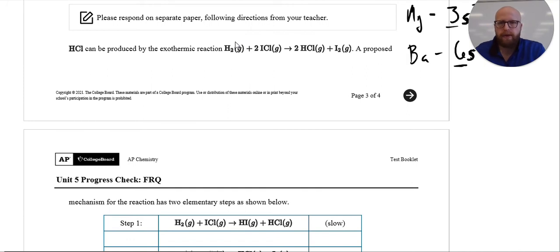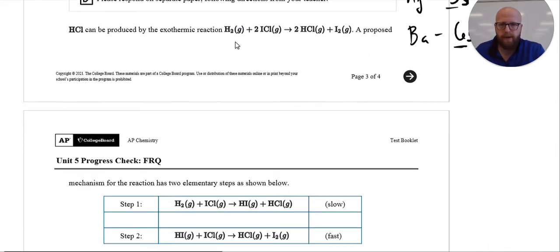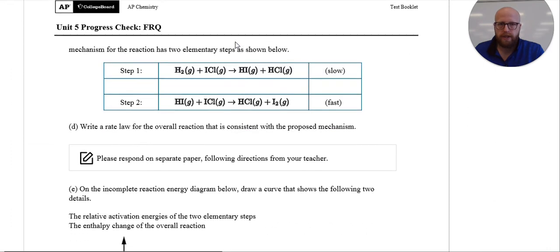Hydrochloric acid can be produced by the exothermic reaction between hydrogen and ICl. A proposed mechanism for the reaction is shown below. It's a two-step mechanism with a slow first step. Write the rate law for the overall reaction consistent with the proposed mechanism. The slow step can also be called the rate determining step.